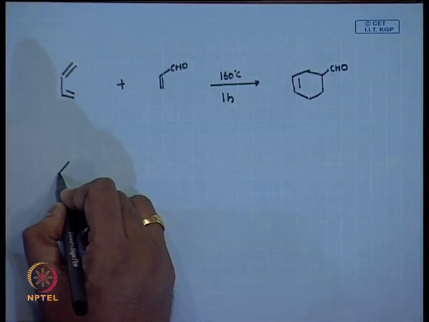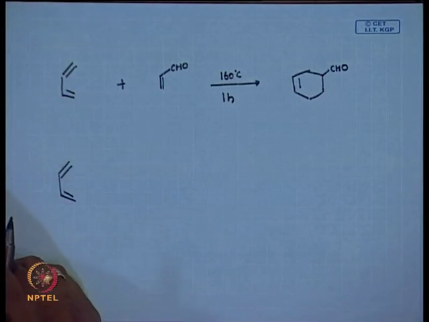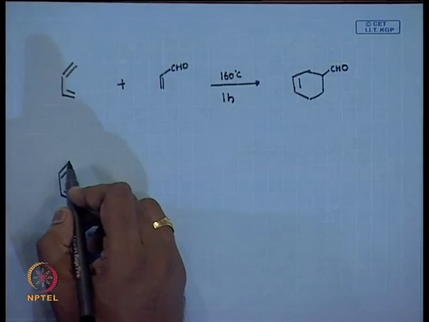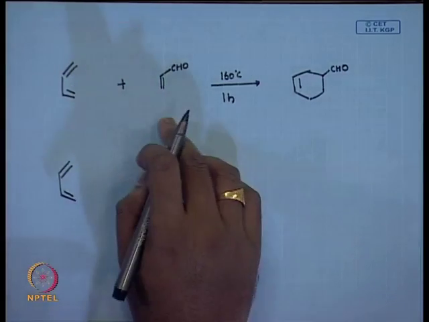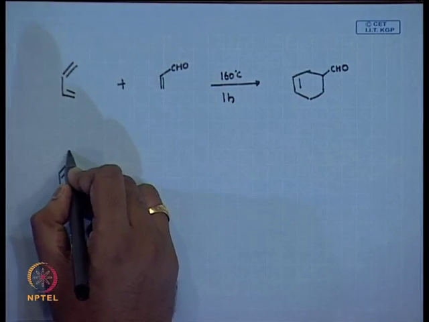But how do you make your diene much better for your Diels-Alder reaction? You just have to attach an electron donating group. In the case of the dienophile, you use electron withdrawing; here you use electron donating.